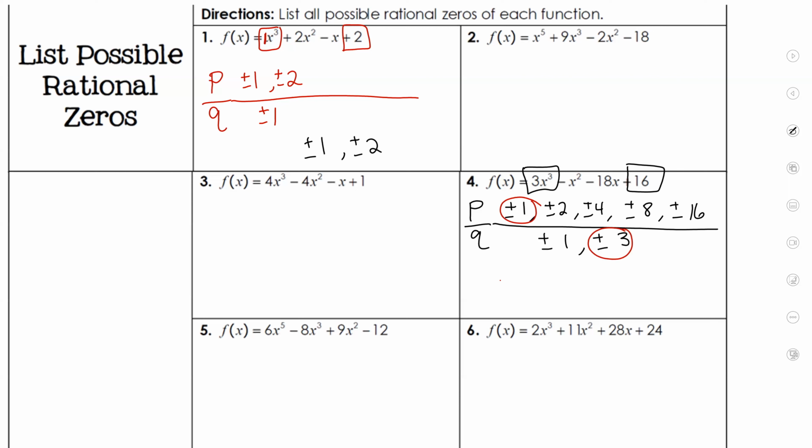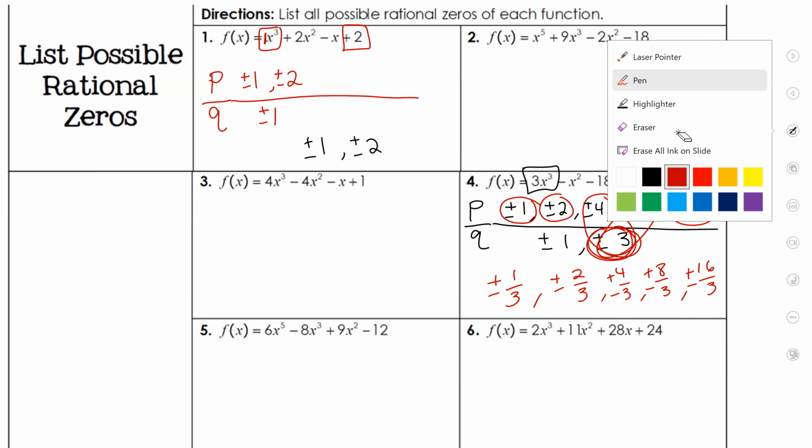We can also have 1/3. We can also have 2/3. We can also have 4/3. You can have 8/3. And what's 16 divided by 3? Is that possible? Okay, so we also have 16/3.